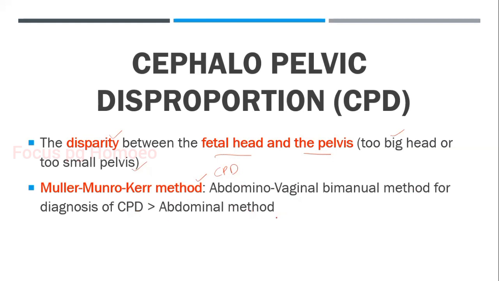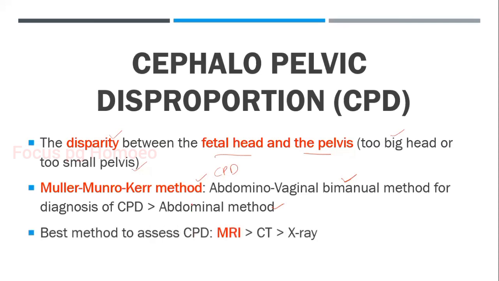So there are two methods to assess CPD: the abdomino-vaginal bimanual method and the abdominal method. The most used and most convincing method is the abdomino-vaginal bimanual method, also called the Muller-Munro Kerr method.